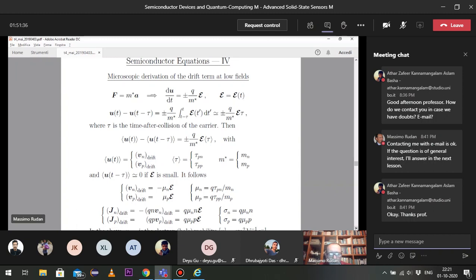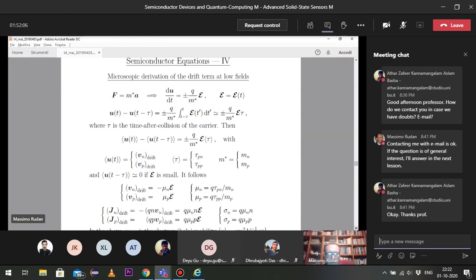Now, let's assume that tau is very short. So short that the electric field does not change too much along a time equal to tau, okay? So we can consider in the integration that E is a constant, okay? So the integral can be approximated as electric field times tau, okay?